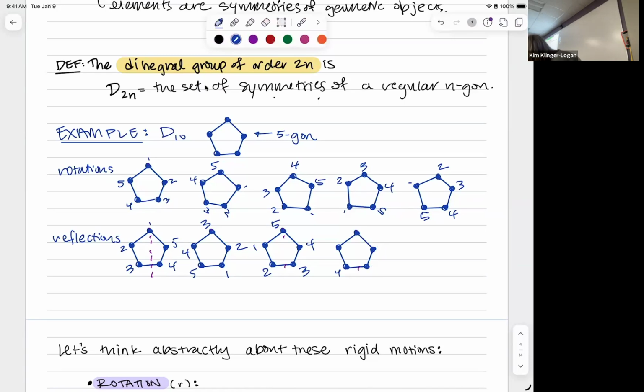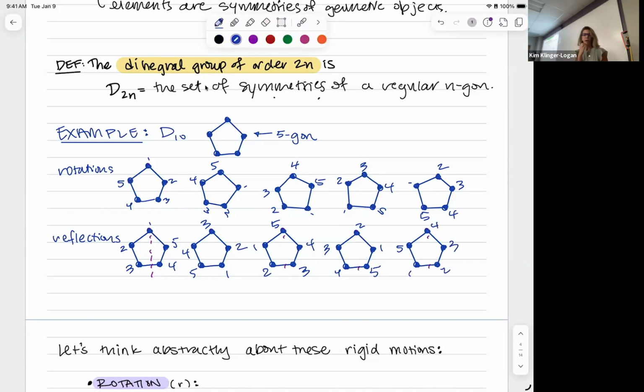Sorry, 3, 5, 2, 1. And then last but not least, I could reflect through that 5 vertex there. Right, so if I reflect through 5, I swapped 4 and 1 and 2 and 3. So this is 4, 1, 2, 3.